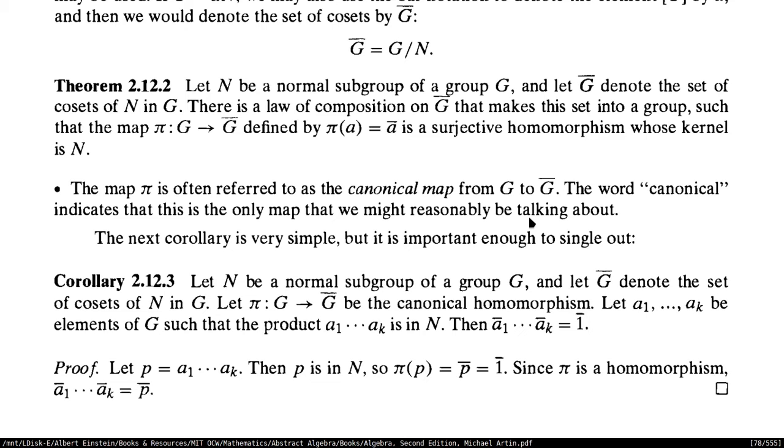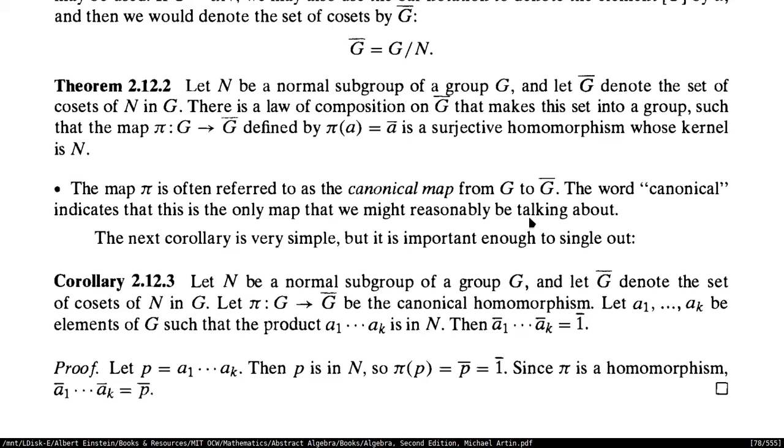To compute the product, it's pretty much the same thing as in the lemma again. You take an element from C1 and C2, so C1 would be AN and C2 would be BN. Then C1 C2 is the coset ABN that contains the product AB, right? So you naturally have the formula.